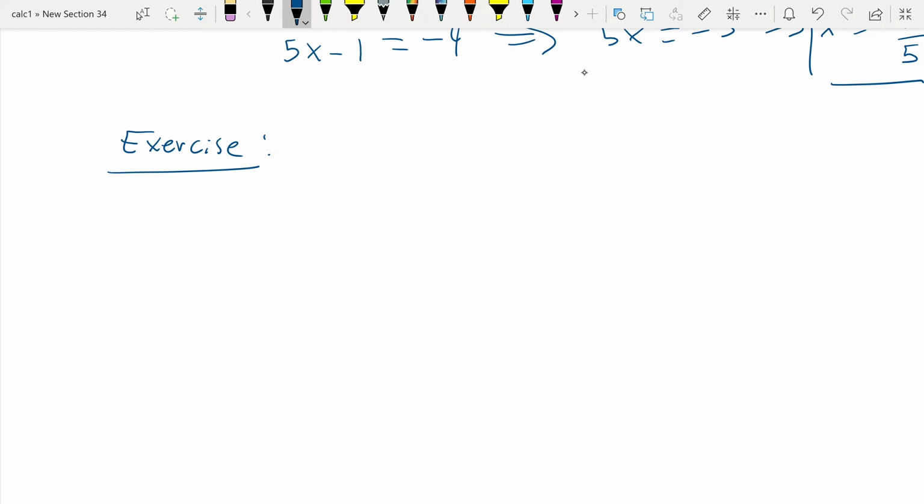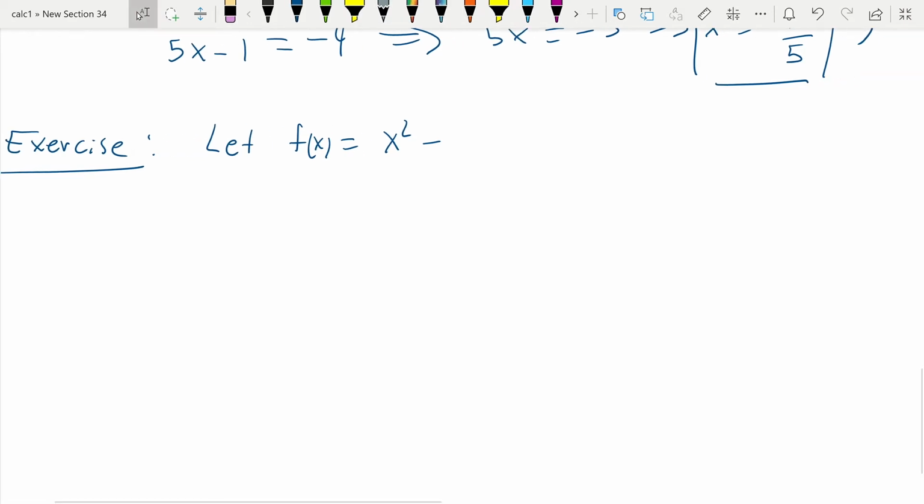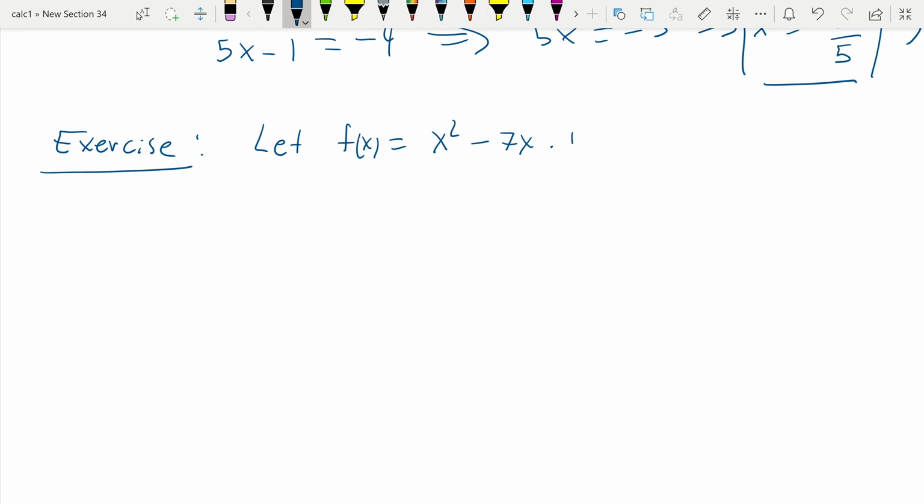So let's suppose that we ask you: let f of x be equal to some quadratic, just the most simple thing in the world, x squared minus 7x, say. Find f prime of x using the definition.